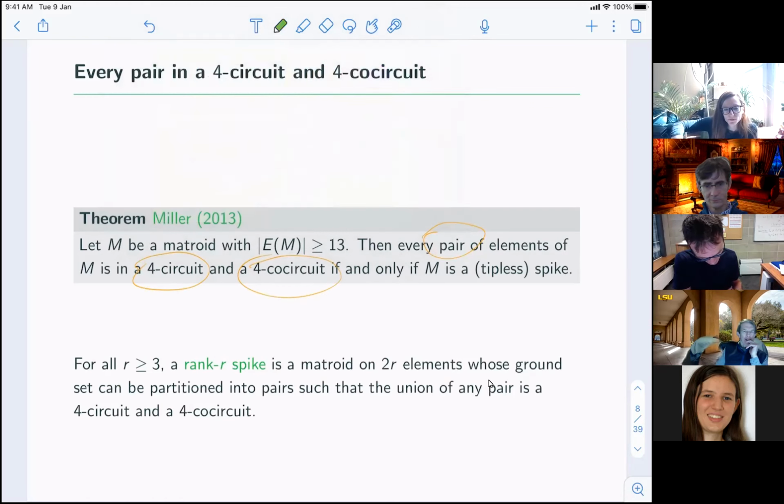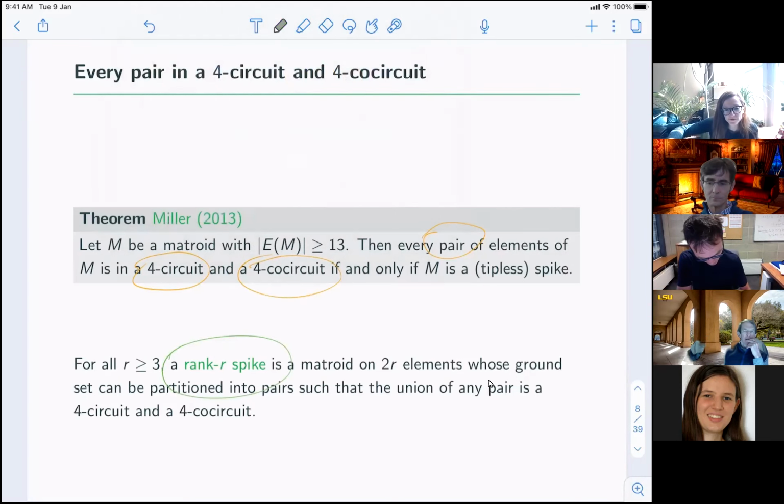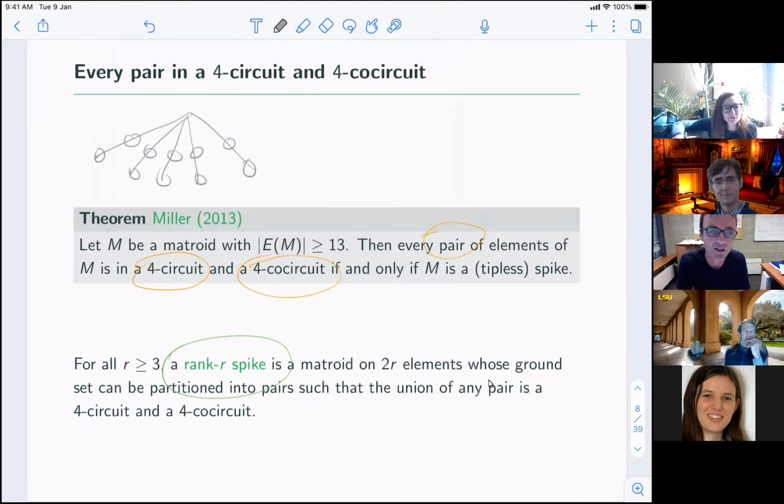Here's the definition of a spike, which I'll give because it's going to arise in a more general format soon. A rank-r spike is on 2r elements whose ground set can be partitioned into pairs, such that the union of any pair, these are my pairs I'm drawing now, is a circuit and a cocircuit.